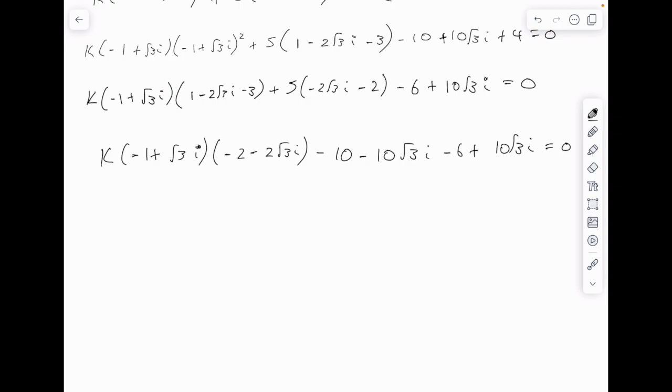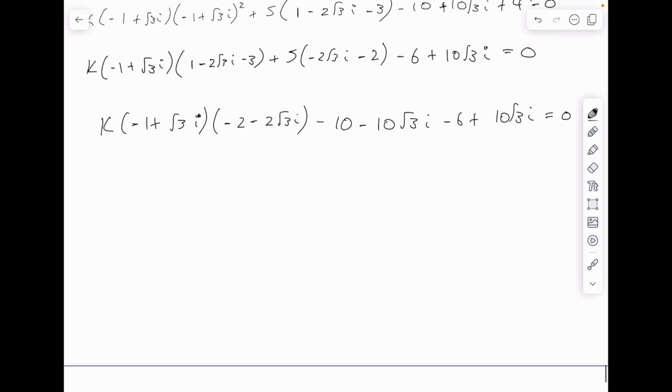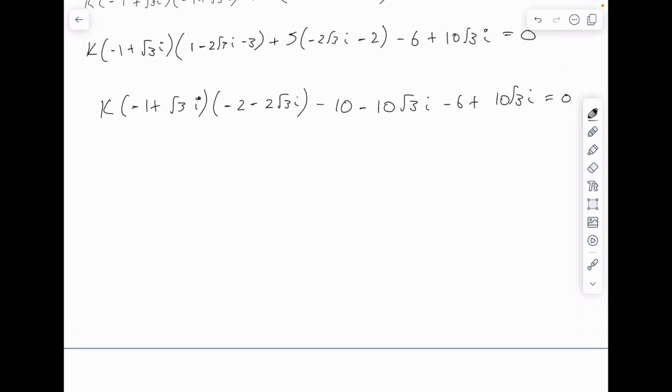And then from here it's just a case of simplifying things down. Okay? So we can say the following. What we've got is k, 2, plus 2 root 3i, minus 2 root 3i.